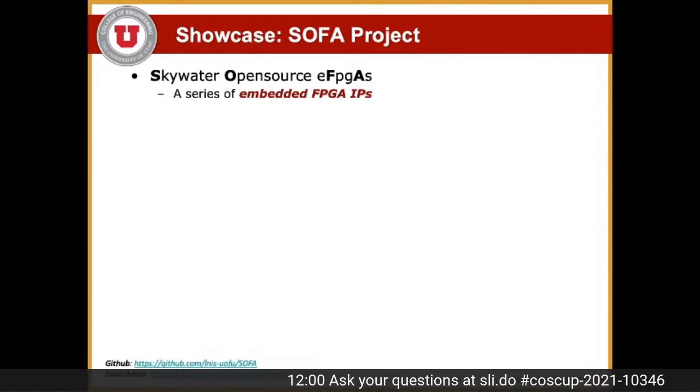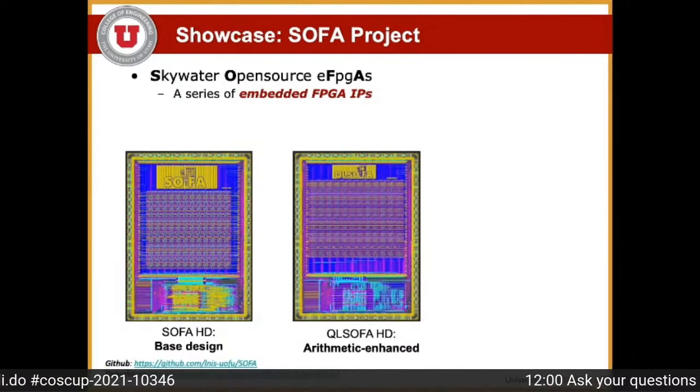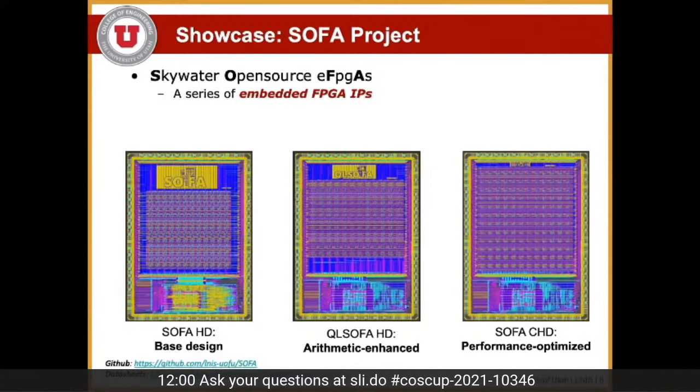The SOFA project includes a series of embedded FPGA IPs, including the base design SOFA HD, arithmetic enhanced design QL SOFA HD, as well as a performance optimized design called SOFA CHD.